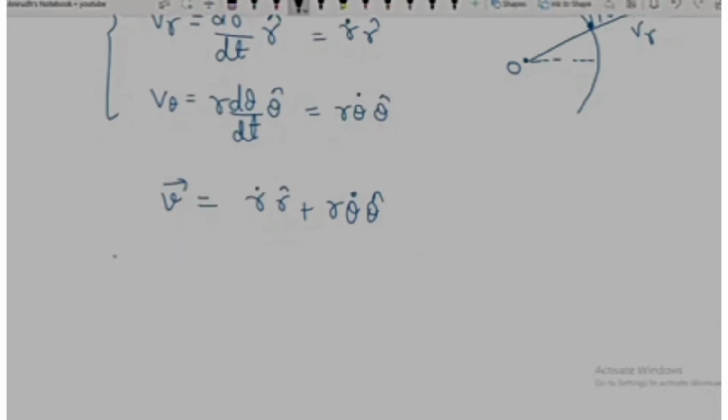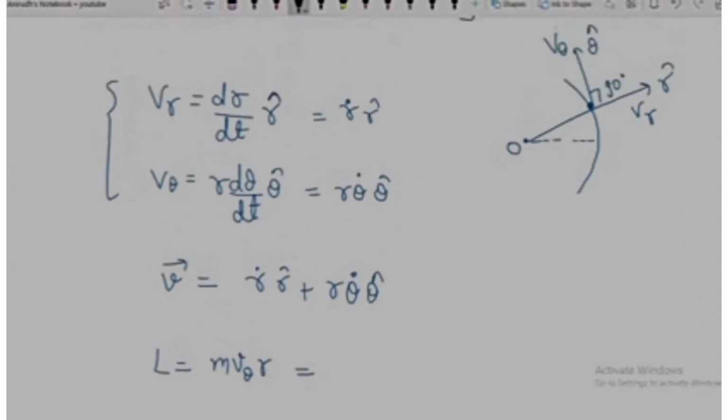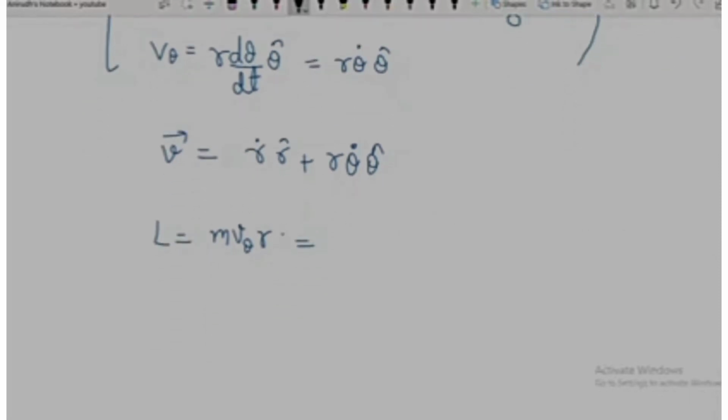Then the angular momentum will be equal to m v theta into r, that is m v cross r. That v cross r will be equal to v sine theta. The theta value for the radial vector, that is for Vr, will be 0, so only the theta component will contribute to the angular momentum.